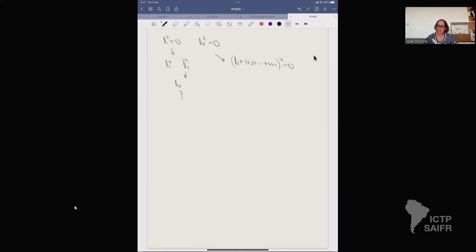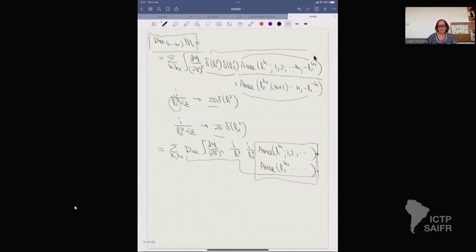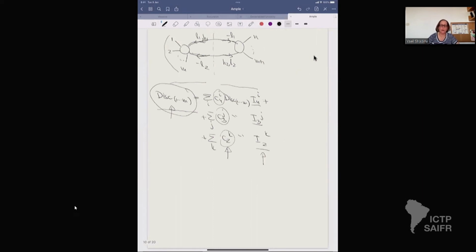So that's going to give us a linear equation, 2L1 dot 1 plus 2 plus m plus 1 plus 2 plus m squared equals 0. So altogether, we have 2 parameters. We have a 2-parameter solution. Okay, and that's the standard story for the usual cut, where we cut 2 propagators.